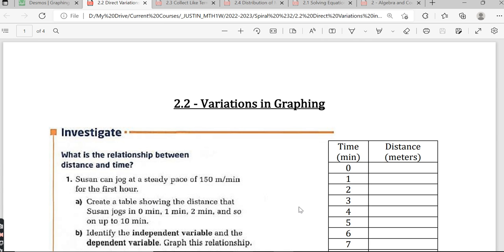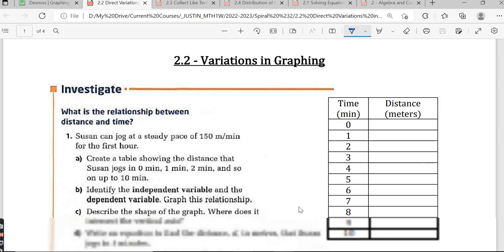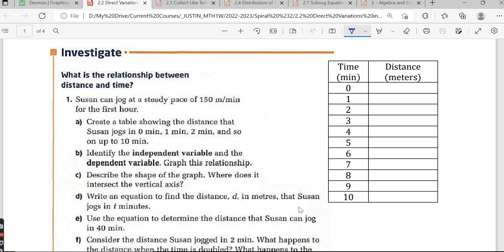Okay, so let's take a look at this table for a second. Susan can jog at a steady pace of 150 meters per minute for the first hour. Create a table showing the distance Susan jogs in 0 minutes, 1 minute, etc. So in 0 minutes, obviously distance traveled is 0. In 1 minute, we can travel 150 meters, right? So it's 150 meters after 1 minute.